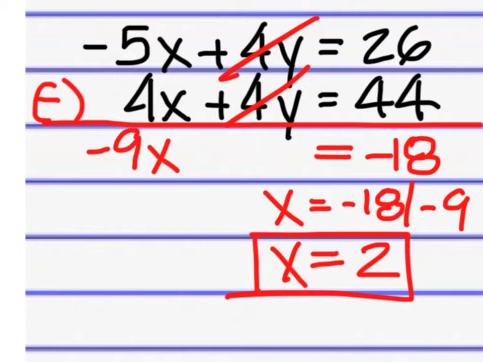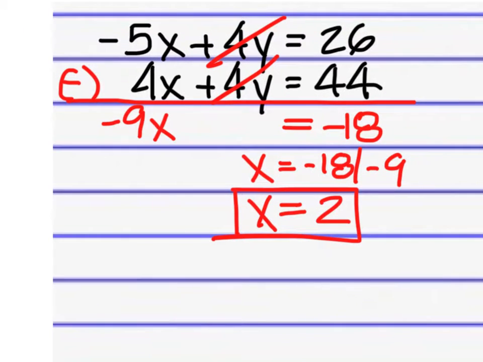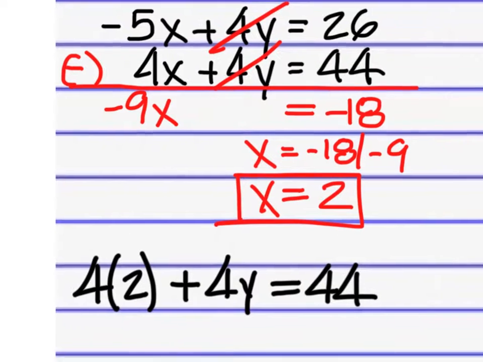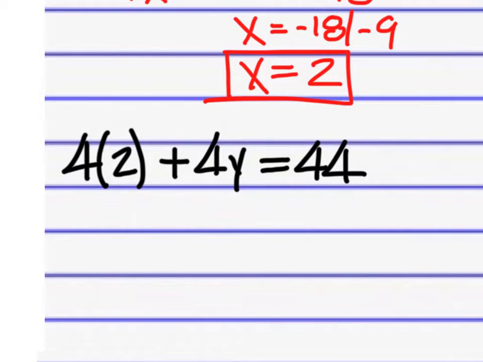So we have 2 for x, and we're going to have to plug that back into one of the two original equations in black. I am going to use the bottom one. So 4 times 2. Don't plug 2 in for y. We didn't solve for y. Plug it in for x. Plus 4y equals 44. Simplify to get 8 plus 4y equals 44.